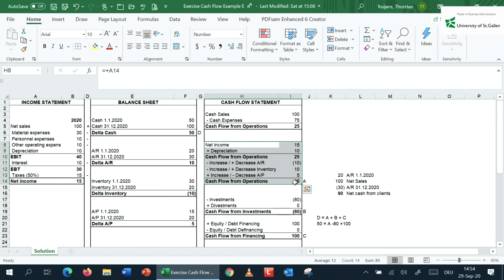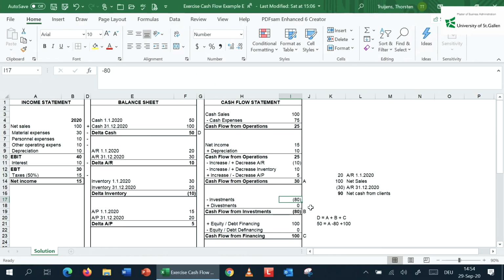Whatever you then have left over, this is what people call your cash flow from operations. So in this case, plus 30. What is the 80? The 80 is the new refrigerator you just purchased. Is it a problem that this refrigerator cost you more than you earned up here? No, it's not a problem.